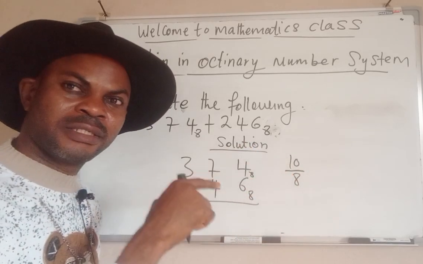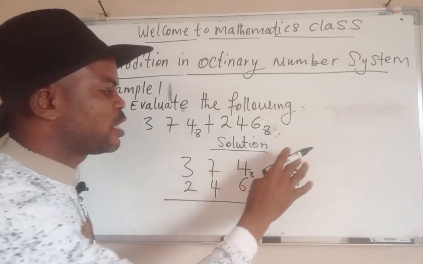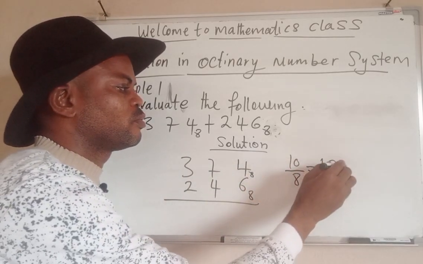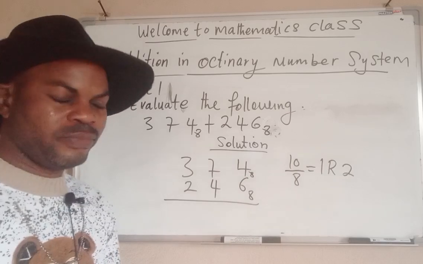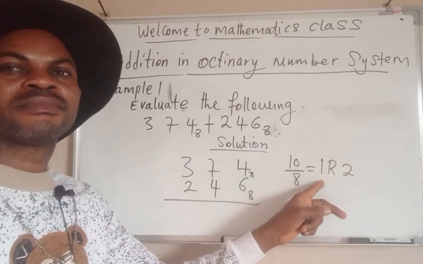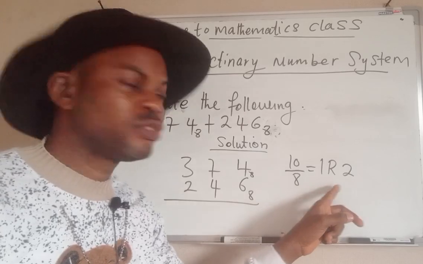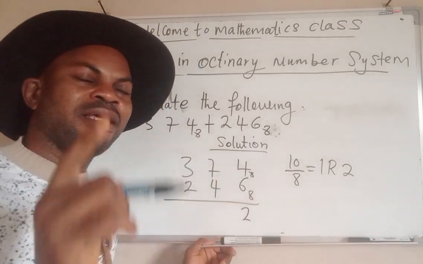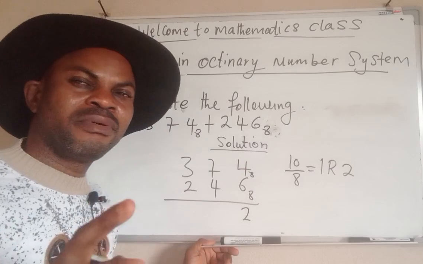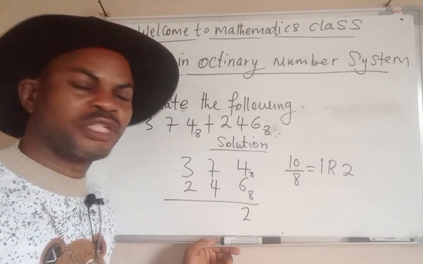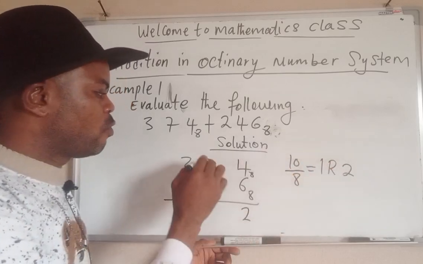This is where this system becomes relevant. 10 divided by 8 gives 1 remainder 2. How many times will 8 go into 10? It's 1. The remainder is 2. So you write down the 2. Remember I said in number base, remainders are very essential. You write down the 2, carry 1 over to the next line.